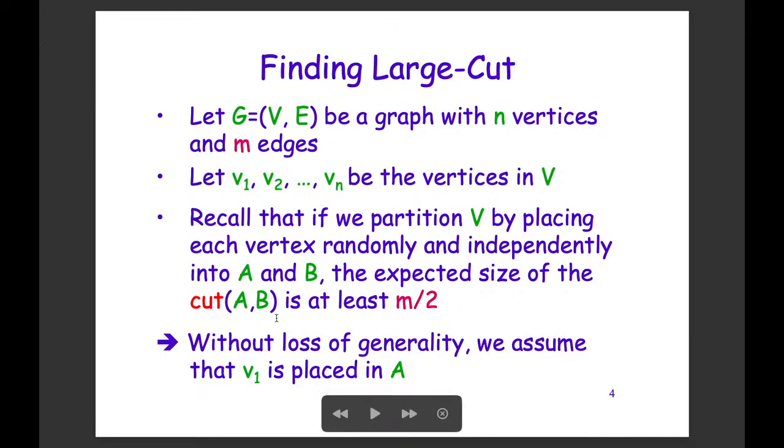But without loss of generality, if we initially fix v1 in A, we will also have the same property, because fixing v1 in A doesn't affect the expected value for each edge to be in the cut or not. Just assume that v1 is in A, we can start with this one.